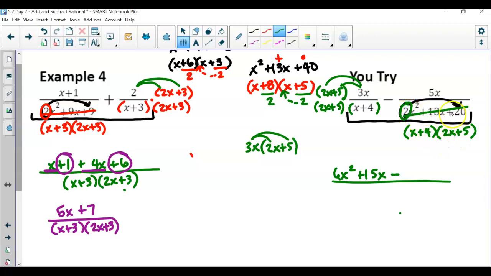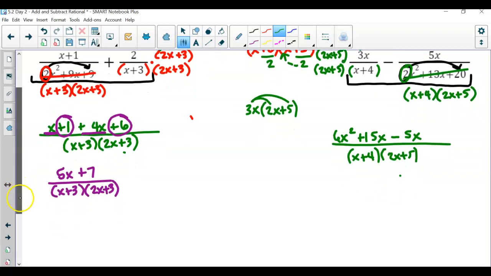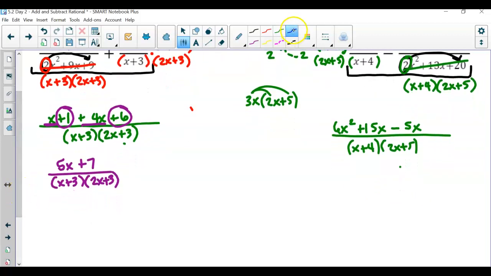I'm sorry, the trinomial in factored form. So we just bring down minus 5x over x plus 4 times 2x plus 5. Now, can this still be simplified? Yes, because you had like terms to combine. 15x minus 5x, 6x squared, but now plus 10x over x plus 4 times 2x plus 5.